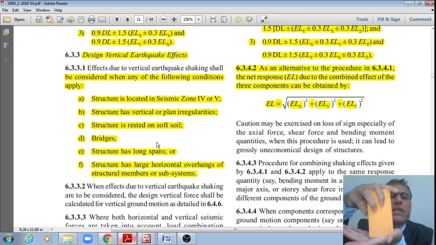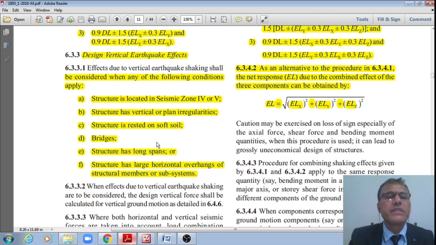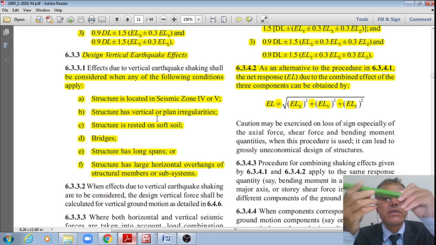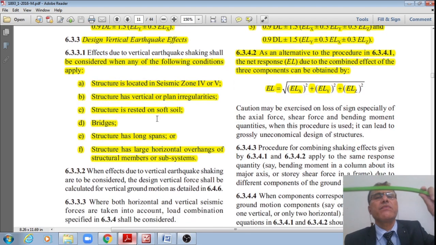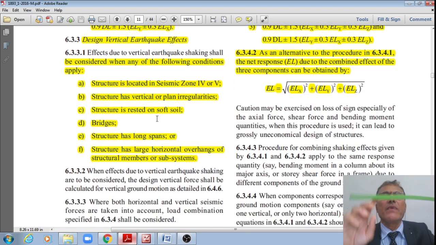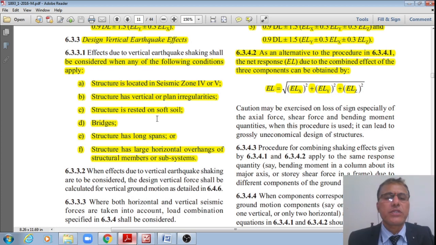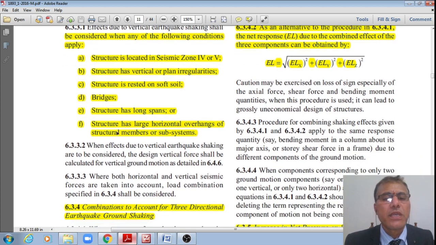And bridges: the structure has long spans, like this, or the structure has large horizontal overhangs of structural members or subsystems. In such a case, design vertical earthquake forces should be considered. Earthquake forces in the vertical direction should also be considered as per this specification.